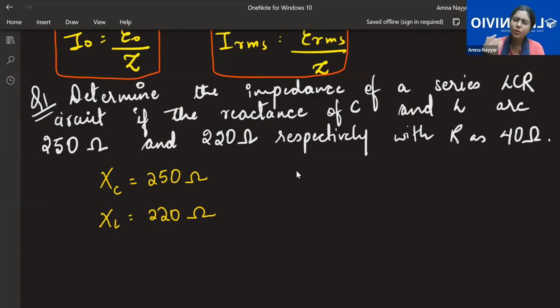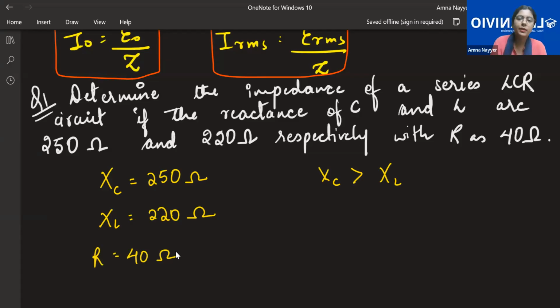Just remember it like this: XC is greater than XL, so we'll use the XC minus XL equation. Resistance is given as 40.